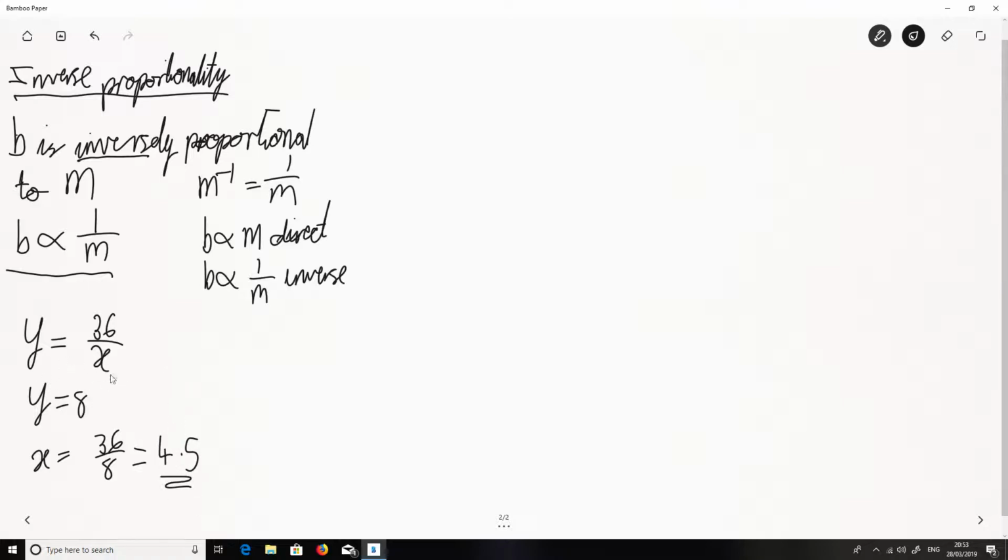So this is an example of an inversely proportional equation. It's y is proportional to 1 over x, and your constant of proportionality, k, is equal to 36.